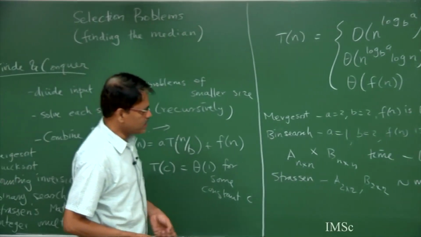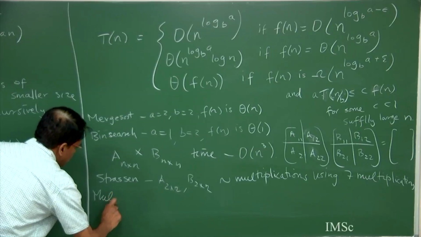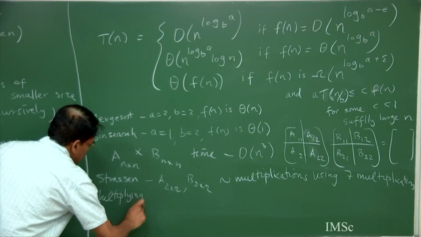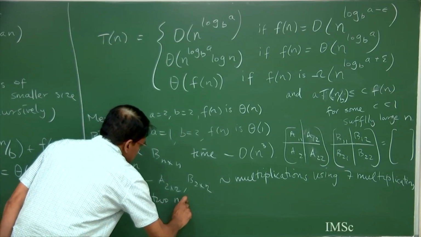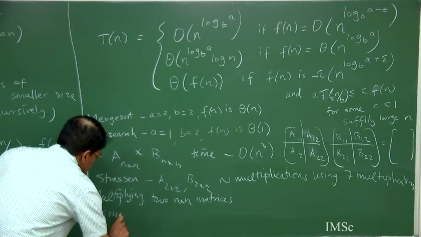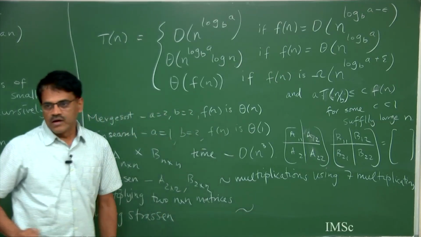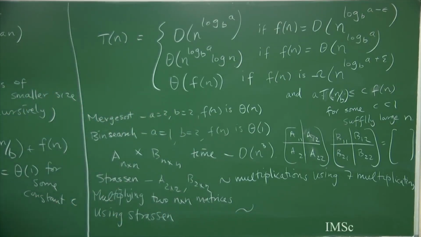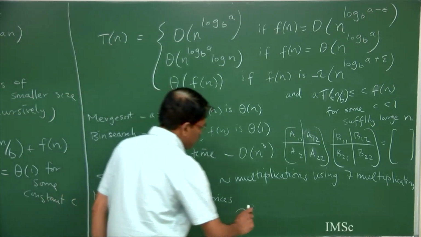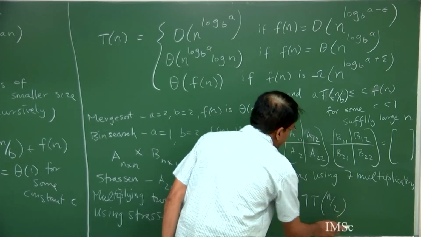So now what would be a recurrence for multiplying two n by n matrices using Strassen? What would be the recurrence relation? So, T of n: you want to multiply two n by n matrices, you multiply 7 n by 2 by n by 2 matrices.